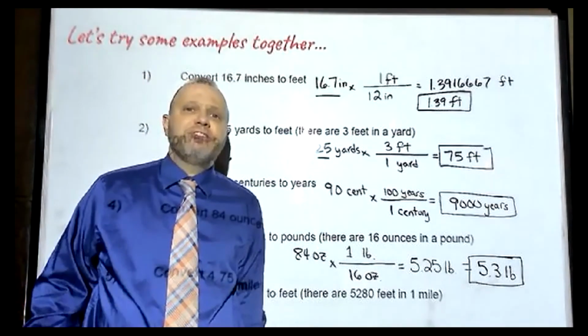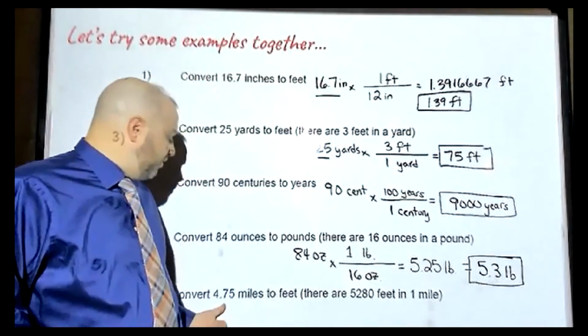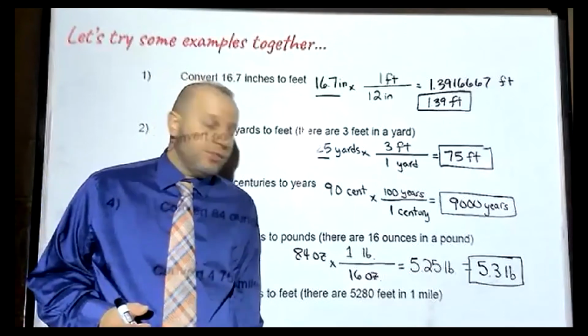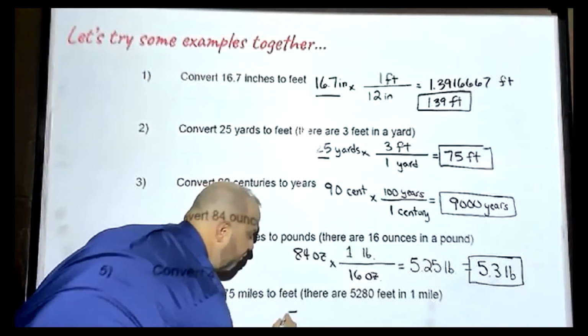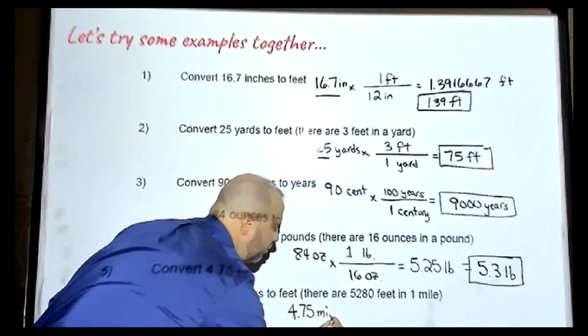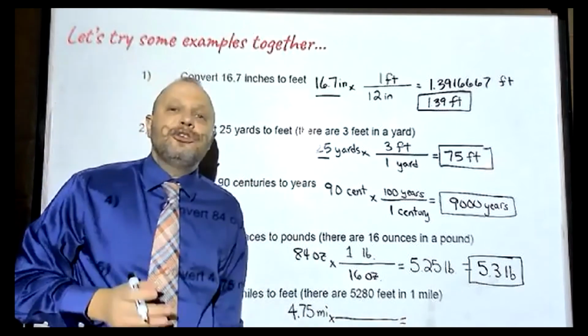Okay, in our 4th and final example, we're going to go over how to convert 4.75 miles into feet. So we're going to start off again with the number that we're given, 4.75 miles. We're going to convert that into feet.